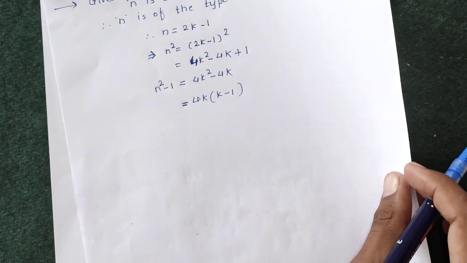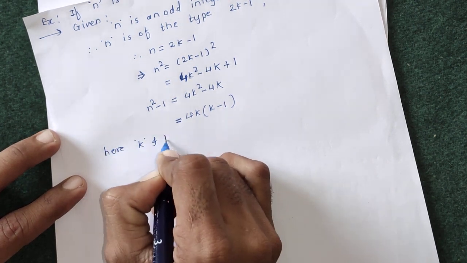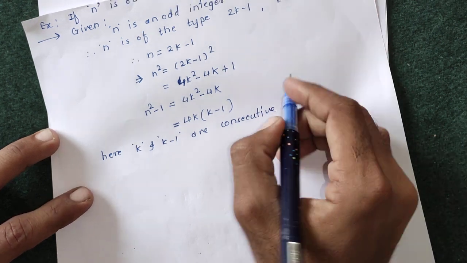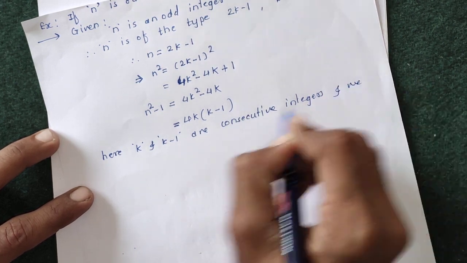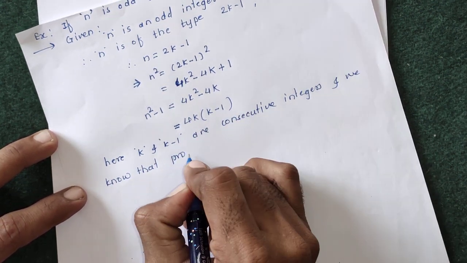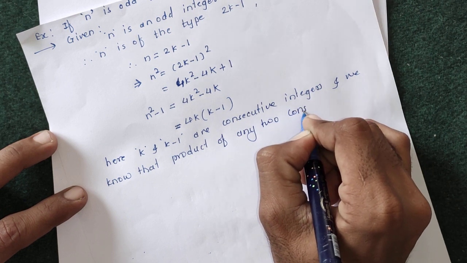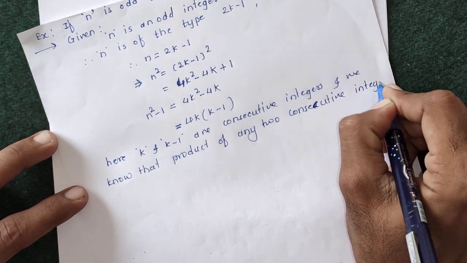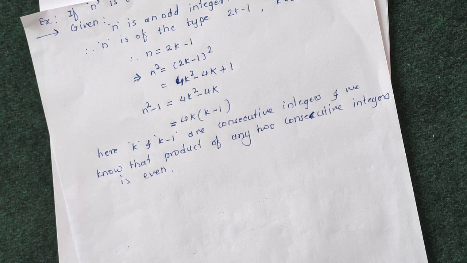Here we get k and k minus 1 are consecutive integers, and we know that the product of any two consecutive integers is always even.